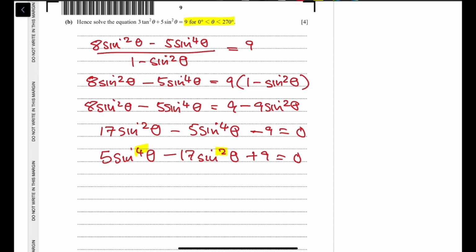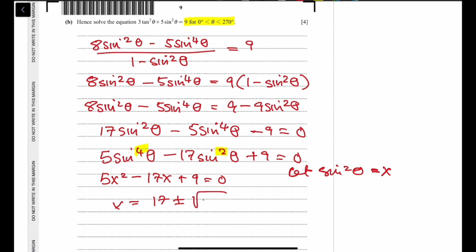We can just let sine squared theta equal x, so 5x squared minus 17x plus 9 equals 0. We can type that into our calculator, and we get x equals 17 plus or minus the square root of 109 over 10.